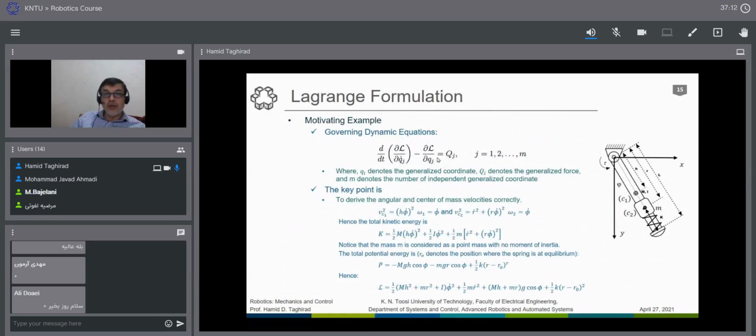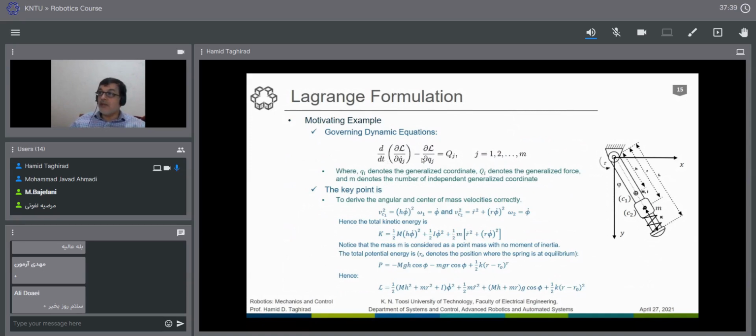So if you have 2 generalized coordinates, you can find 2 dynamic equations. And these dynamic equations are second order systems. Since we have Q dot here and we are differentiating with respect to Q dot, we come to Q double dot, or the second derivative.